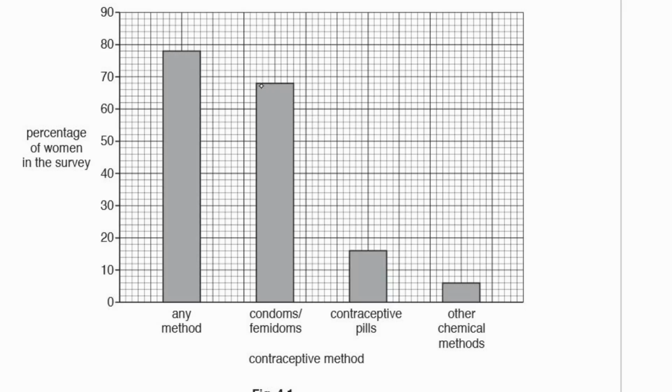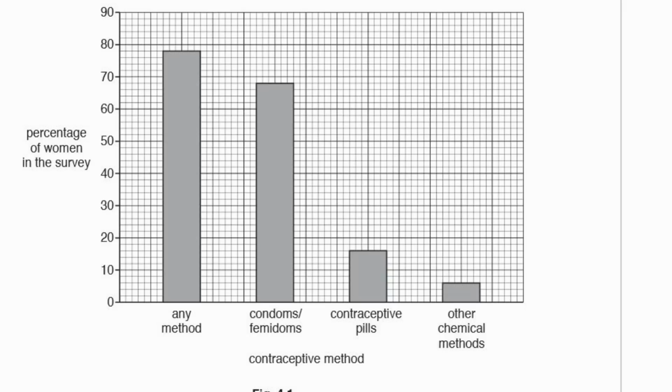If we take 68 plus 16 plus 6, that is certainly a lot more than 78. As it says in the question, that's 90%. So why do these added together result in more than the first bar?